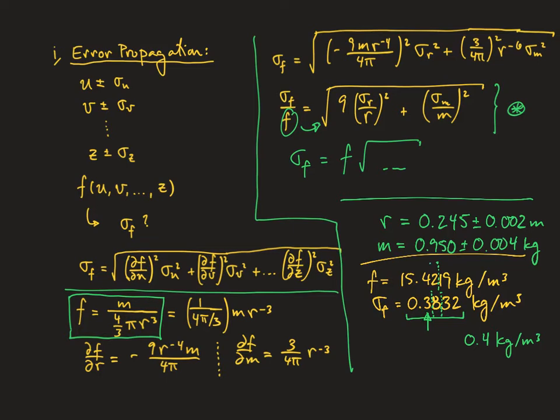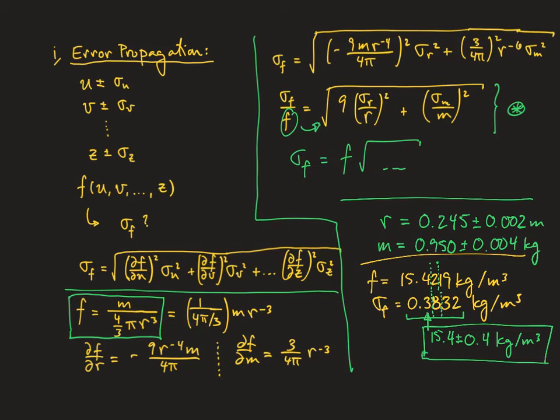But if we did 1 sig fig, then we're going to go to here, like 15.4 plus or minus 0.4. So since we've decided to go to 1 sig fig on the uncertainty, we'll do the same thing here. And we'll say that our final expression is 15.4 plus or minus 0.4 kilograms per meter cubed.